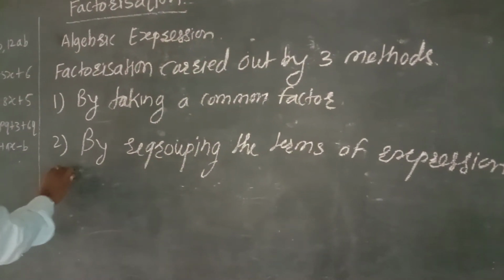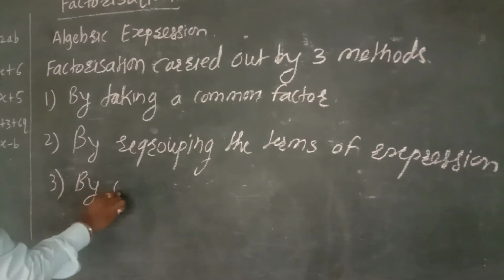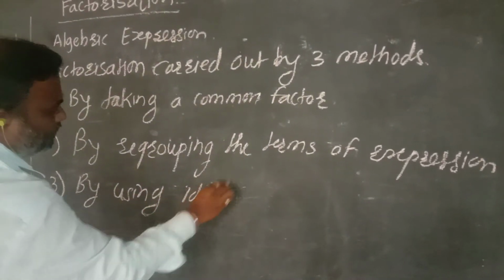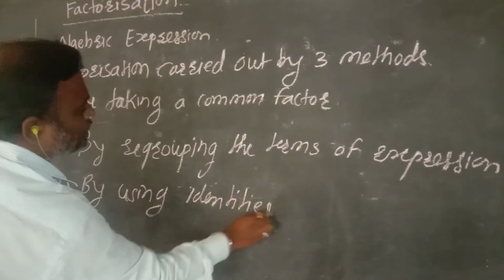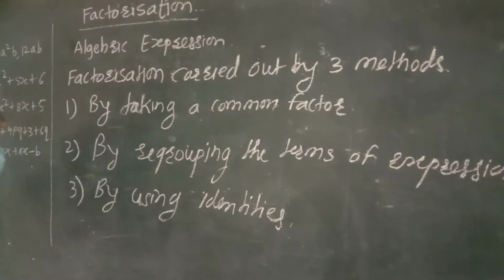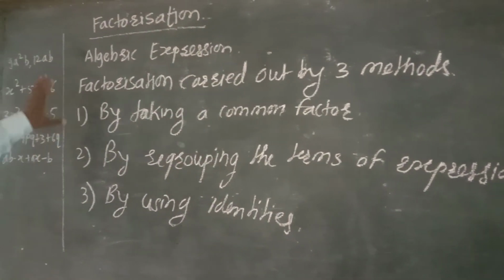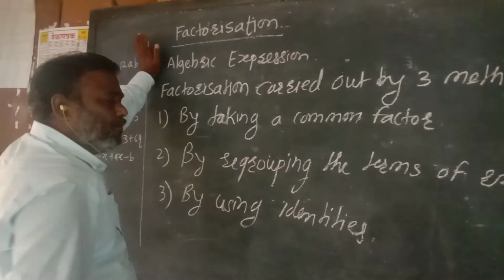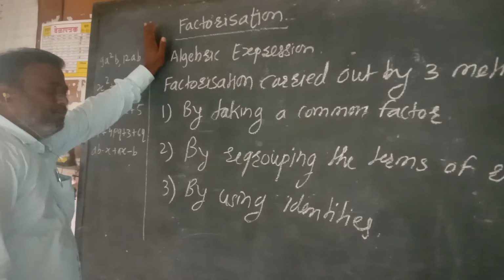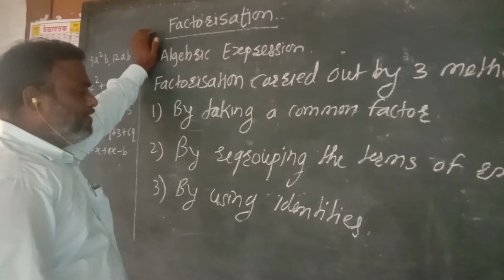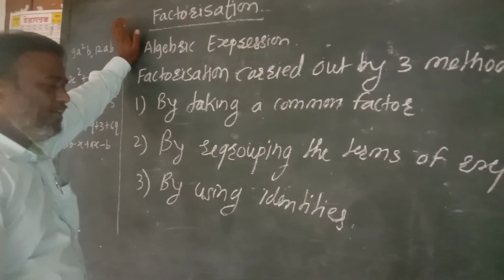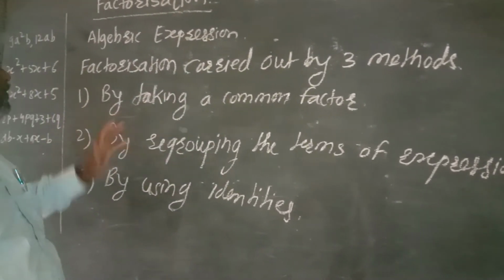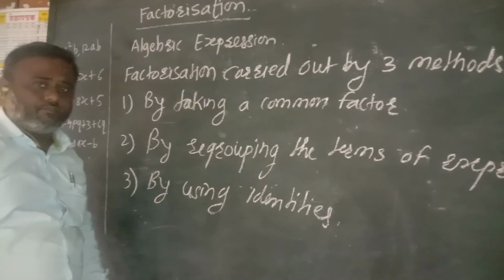And third, by using identities. In short, factorization of any algebraic expression can be carried out by three methods. First method is by taking a common factor. Second method is by regrouping the terms of the expression. And third one is by using the identities. Now we will see all the methods in detail one by one.